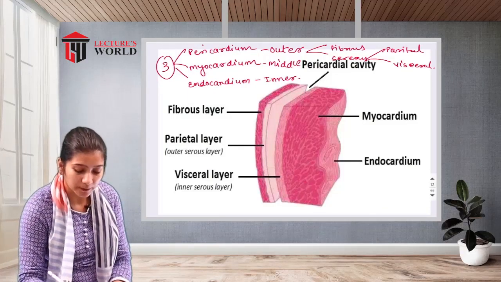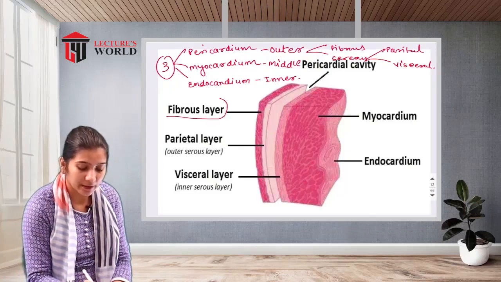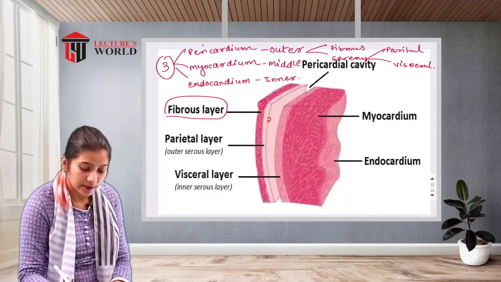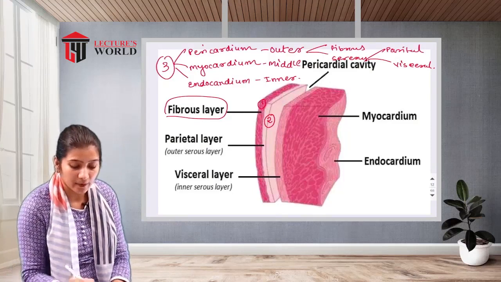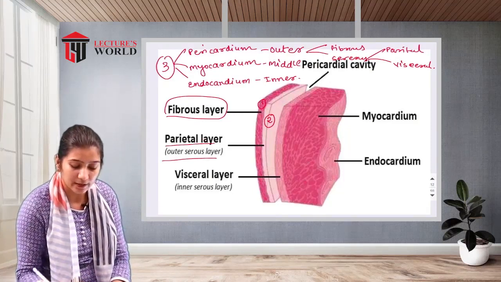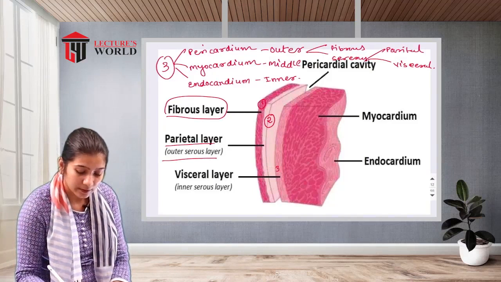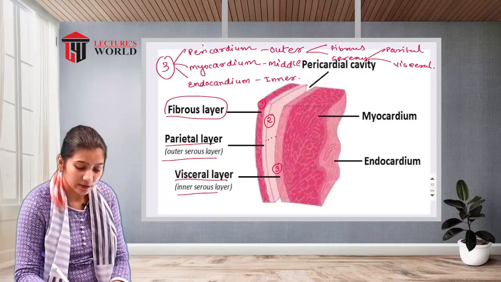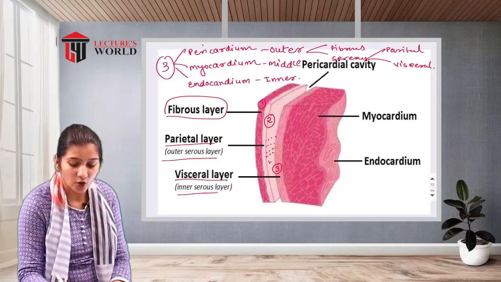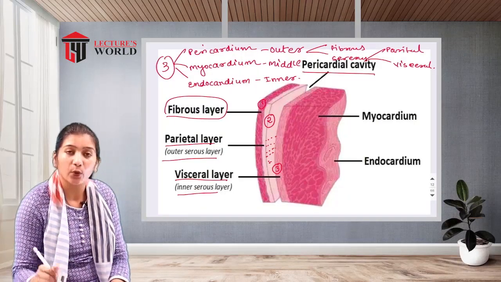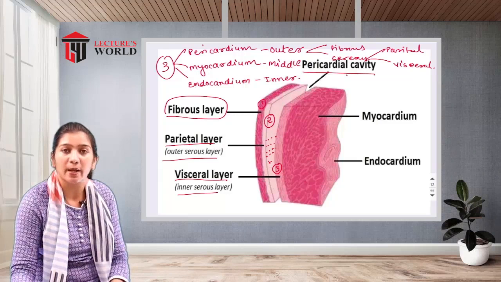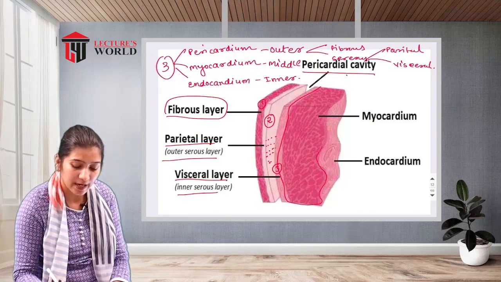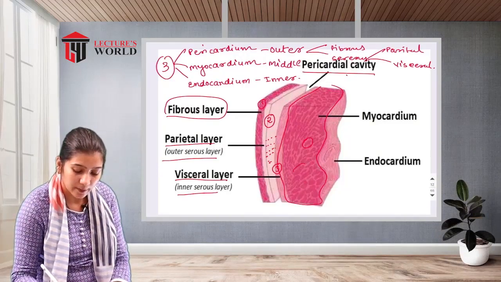We can see over here, this is the fibrous layer of the pericardium, the first layer. This is the second layer of the pericardium, the parietal layer, the outer serous layer. The inner one is the third layer of the pericardium, the visceral layer, and between them the space is known as the pericardial cavity, and the fluid in it is the pericardial fluid. Here you can see the specialized cardiac muscles in the picture.